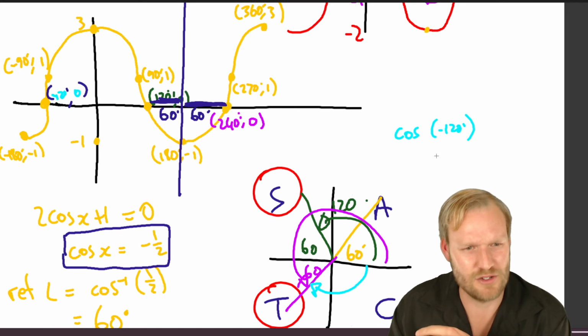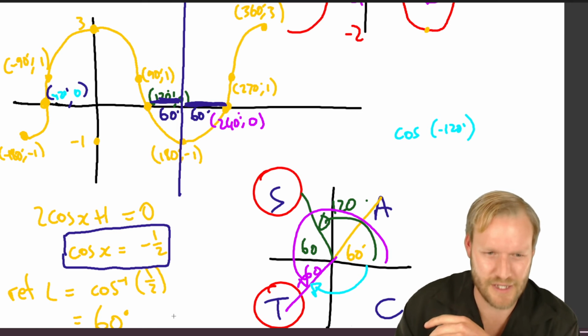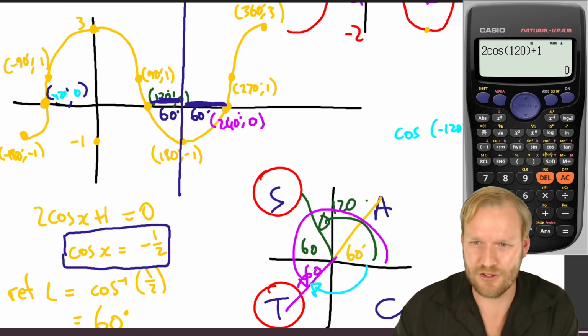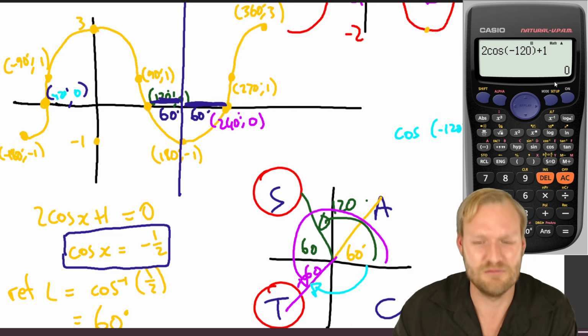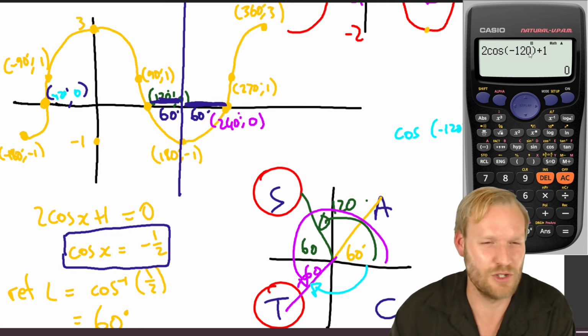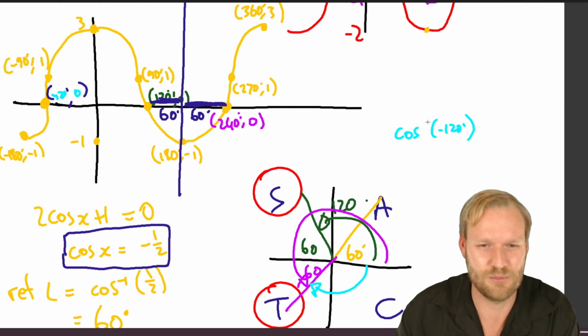That's just cos of 120. So yes, it'll work. If you're feeling like you want to use your calculator as a crutch, just check it here, because maybe we slipped up, and no, plugging in negative 120 did work. So it's a nice way to check ourselves instead of checking purely conceptually.